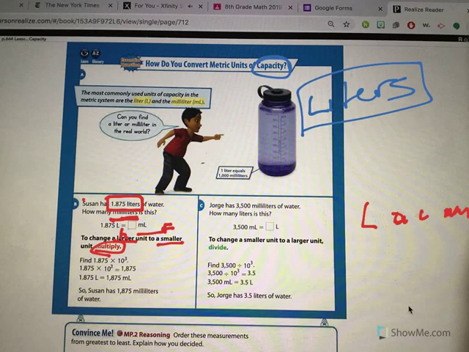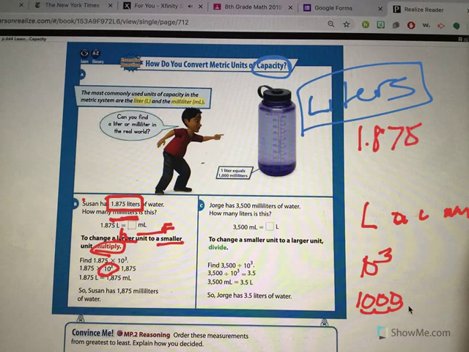I have to multiply by 10 to the 3, and remember that 10 to the 3 means 3 zeros, and that means 3 smiley faces, so everything's in threes, right? If I start with 1.875 and move it 3 spaces, that's 1, 2, 3 smiley faces, my answer is 1,875 milliliters. Okay, so that's that one.